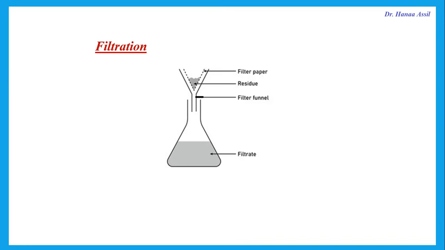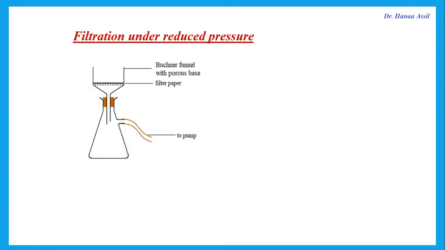What if we're trying to separate an insoluble solid from a mixture? In that case, whether it's an insoluble solid or it is crystals that we're trying to collect, then we do filtration. And we can either do filtration using a normal filter funnel and filter paper, or we could do filtration under reduced pressure.